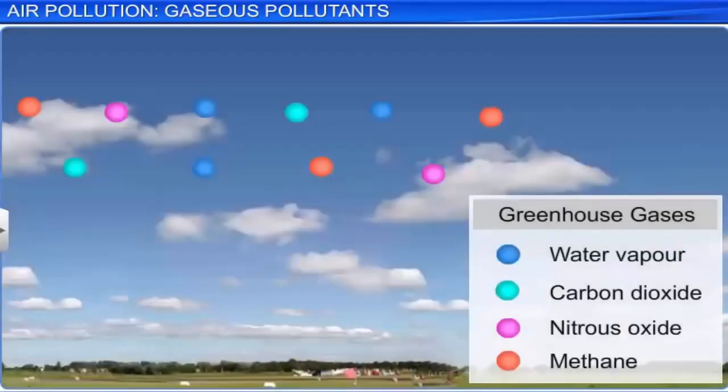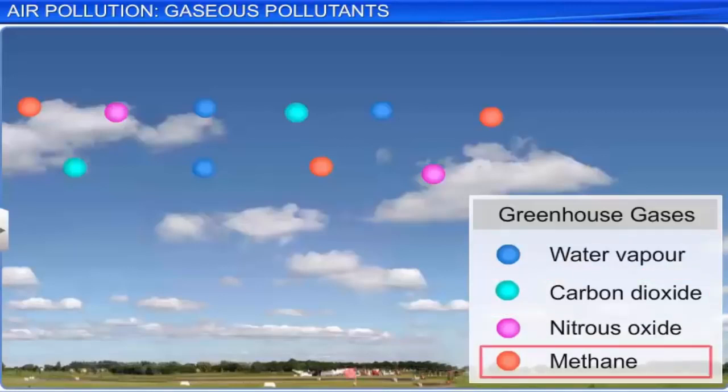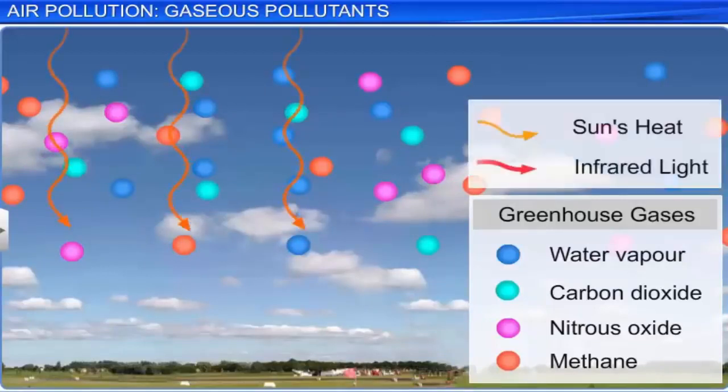Therefore, gases in the atmosphere that trap the sun's heat are known as greenhouse gases. Water vapor, carbon dioxide, nitrous oxide, and methane are some of the major greenhouse gases. When the level of greenhouse gases in the atmosphere increases, they trap more heat from the sun and also from the Earth's surface.